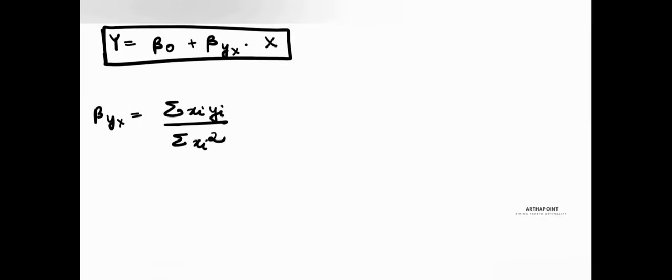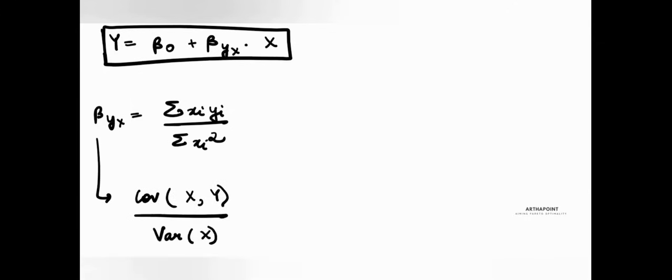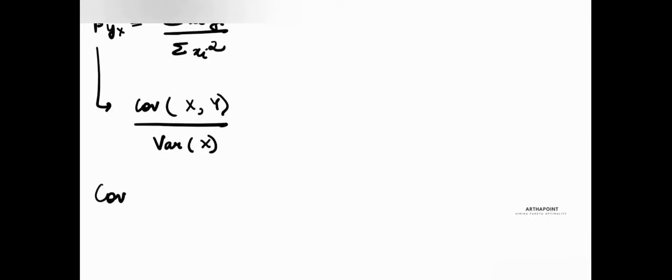Alternatively, you can give the formula of beta yx as the covariance between x and y upon the variance of x. What is the covariance between x and y? The covariance between x and y is nothing but summation xi yi by n.